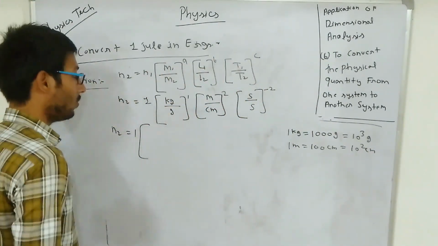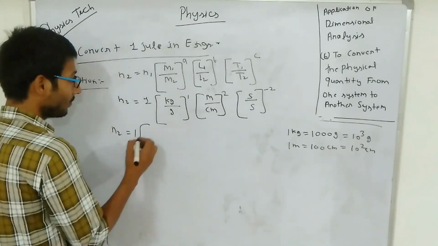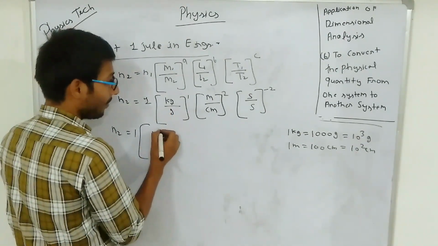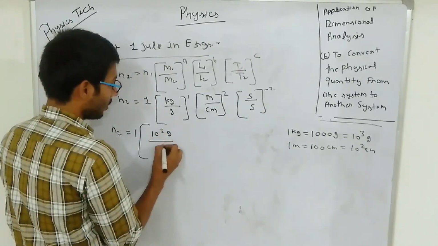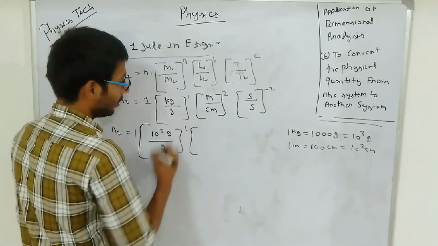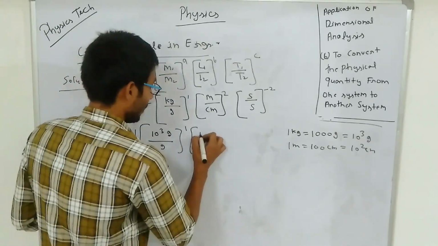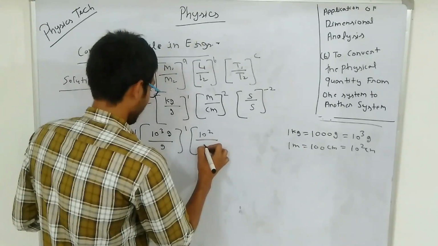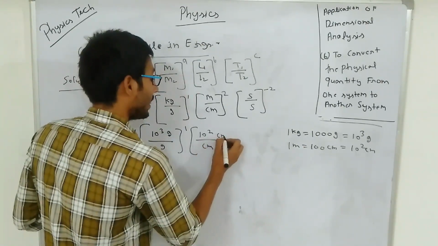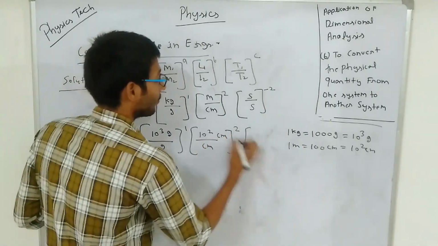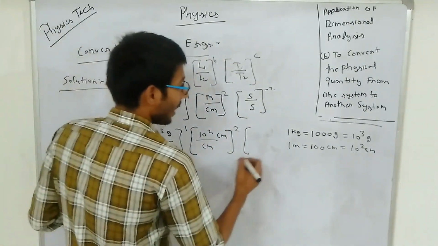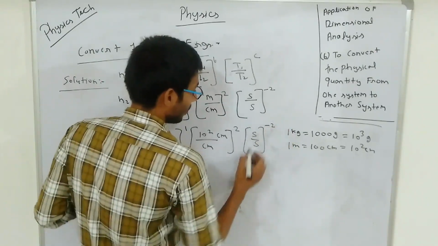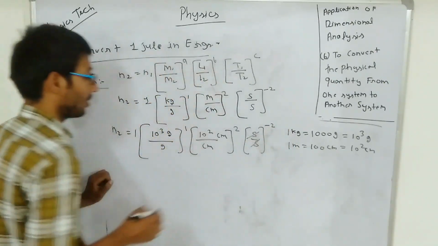Now putting all these values, we get 10 to the power 3 g upon g to the power 1, 10 to the power 2 upon centimeter to the power 1, squared, sorry, and S upon S to the power minus 2 cancels out.